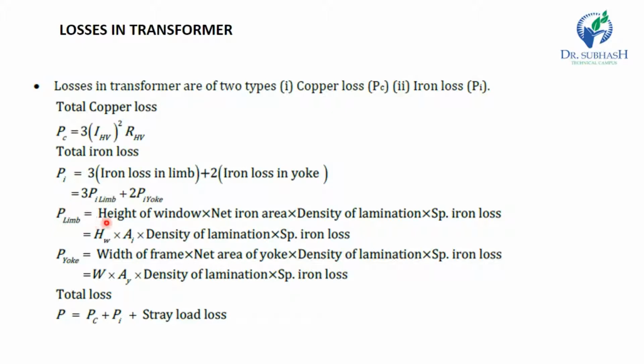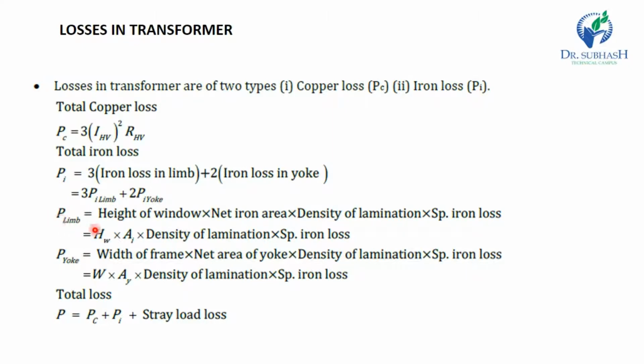Now P_limb is found from the height of window, net iron area, density of lamination, and specific iron loss. If we get the value of specific iron loss, small pi, and density of lamination, with the height of window and net iron area, we get the total iron losses.